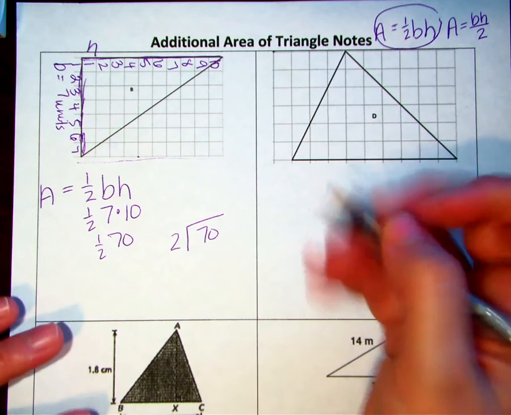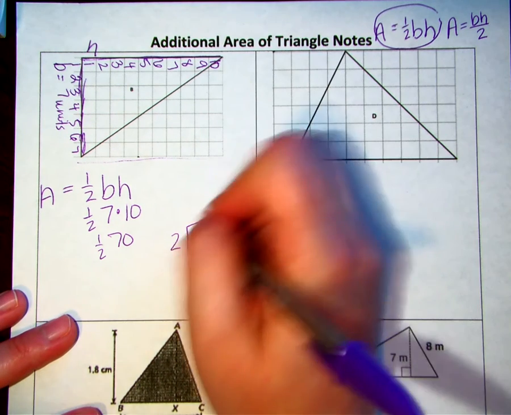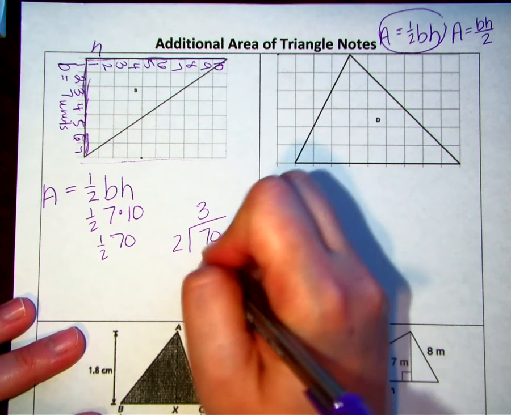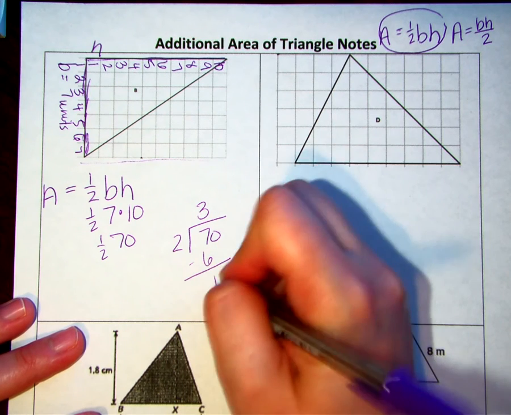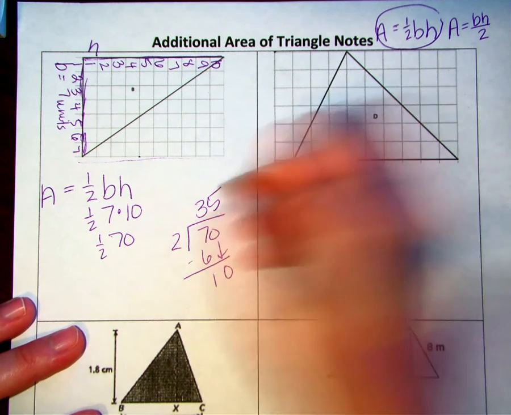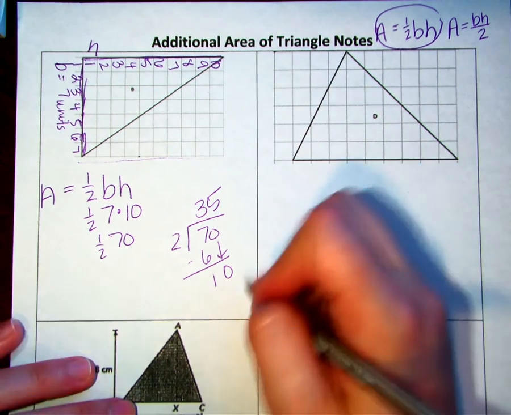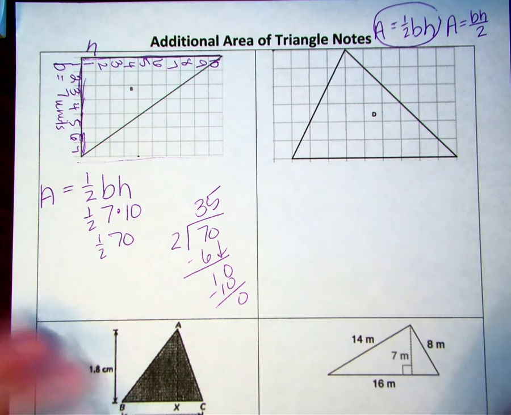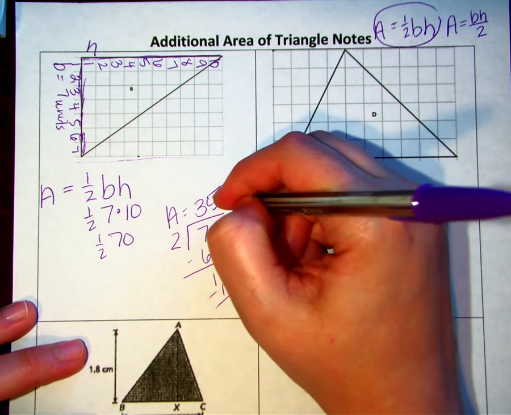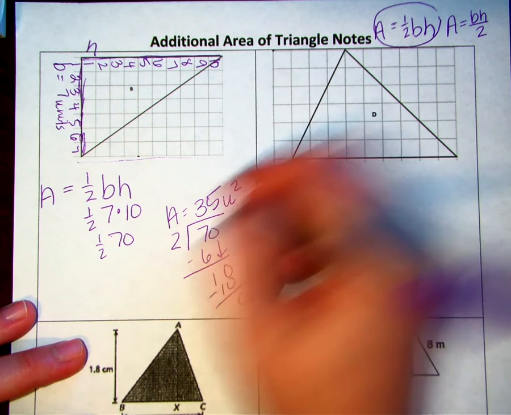That's taking half of something. You divide it by 2. So 2 can go into 7, 3 times, 2 times 3 is 6. Then you get a 1, drop your 0. 2 into 10, 5. So then the area of our triangle is 35 units squared.